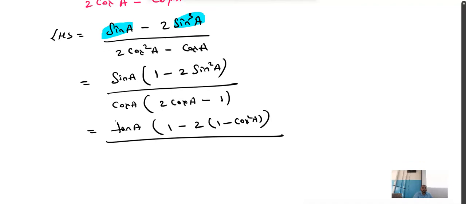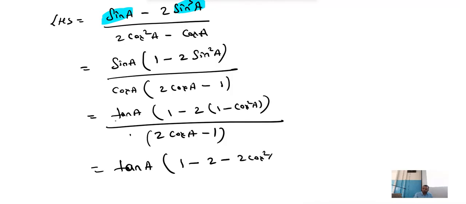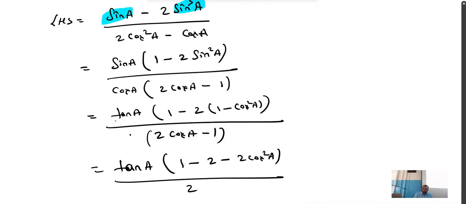So in place of sin square A, we can write 1 minus cos square A, divided by 2 cos A minus 1. Then tan A. Last step. Tan A into 1 minus 2, ones are 2, minus 2 into cos square A, 2 cos square A divided by 2 cos A minus 1.